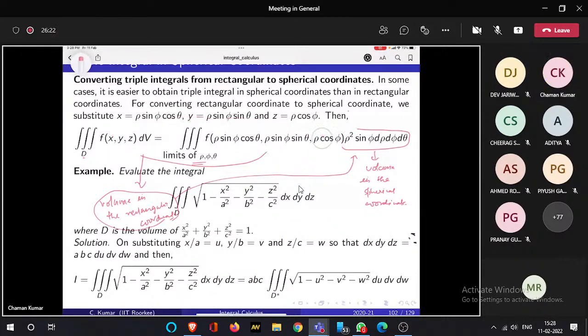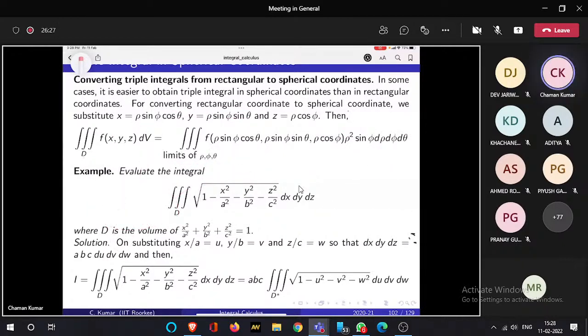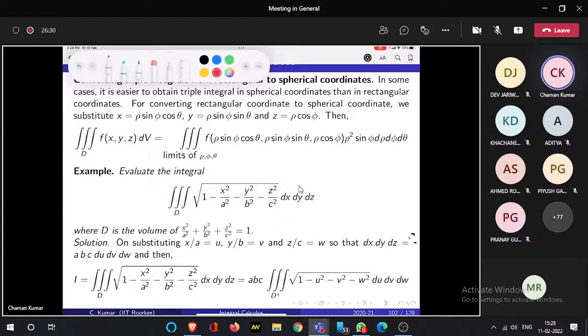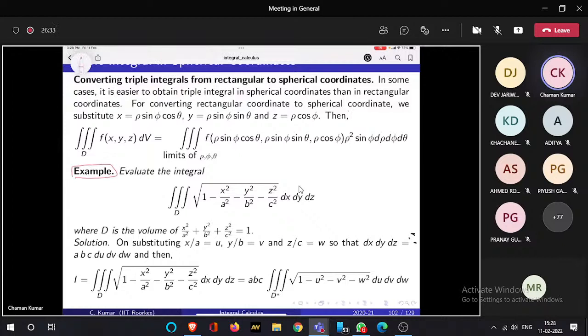So now we solve one exercise on this. Consider this example. We want to evaluate the triple integral of this quantity over the region D, where D is the volume of x square by a square plus y square by b square plus z square by c square equal to 1. So what we do is we substitute x by a is equal to u, y by b is equal to v, and z by c is equal to w.